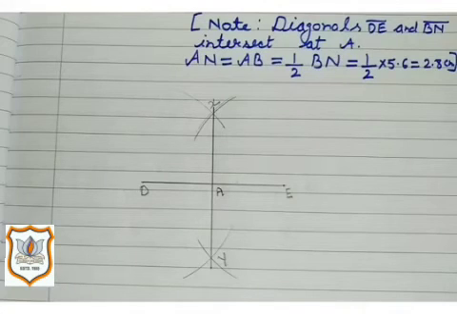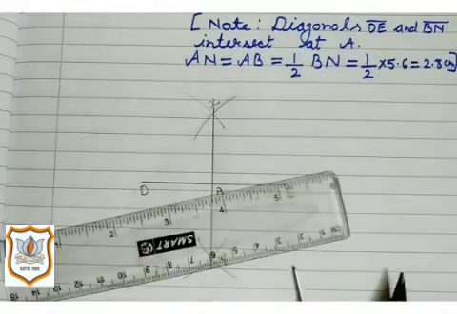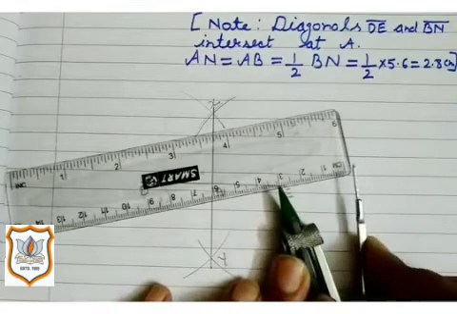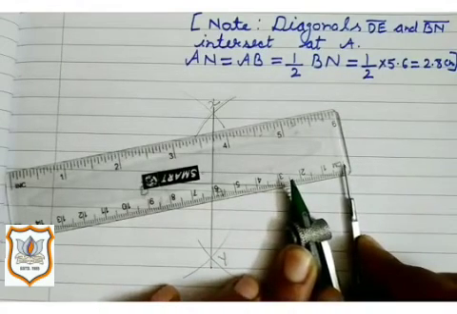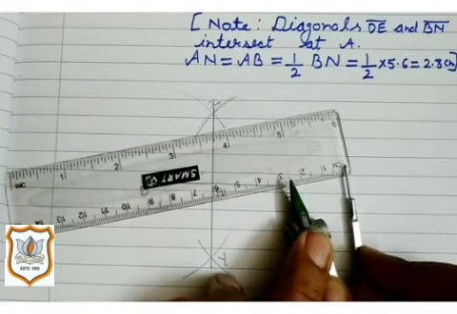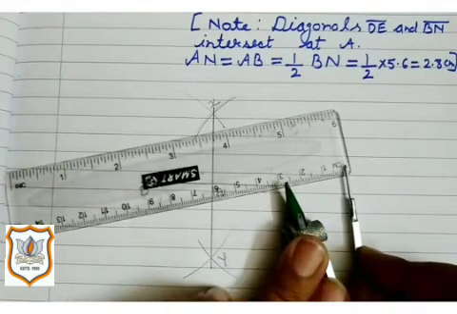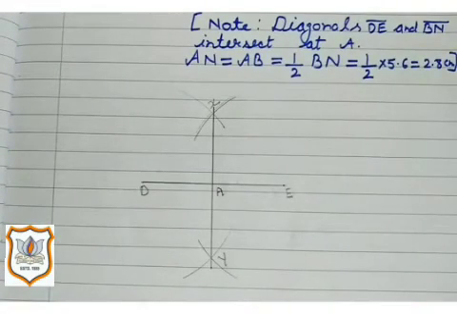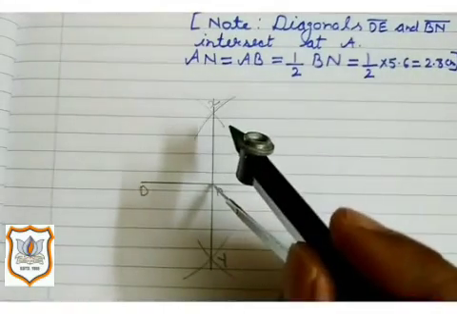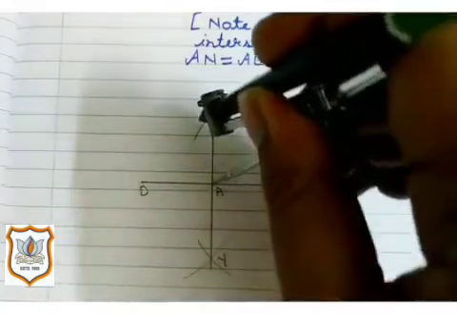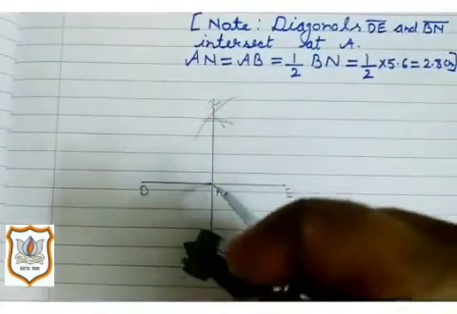Now we will take 2.8 centimeter radius in compass. You can see here, this is 2.8. Now we will take A as a center and cut the perpendicular bisector both sides.